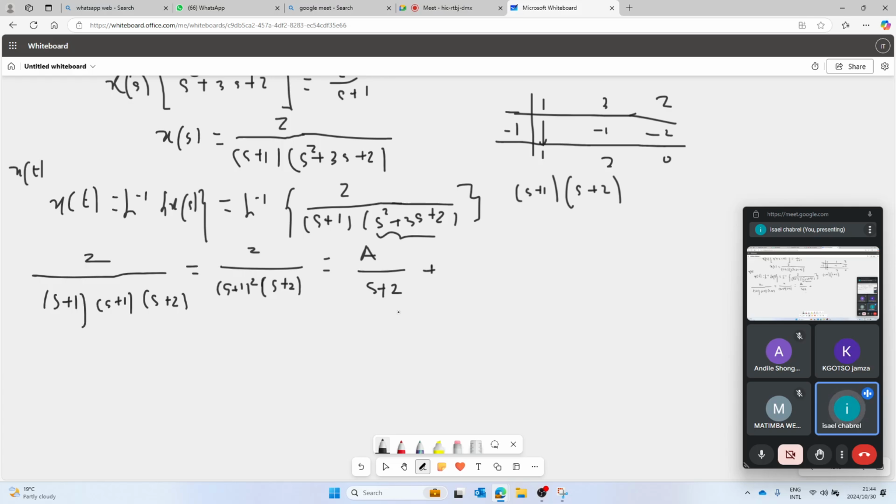Oh, now you reminded me, because I was about to even say expand. No, this one is a repeated square. So it's going to be B over s plus 1 and it's going to be C over s plus 1 squared. Thank you, Mr. Kotso.